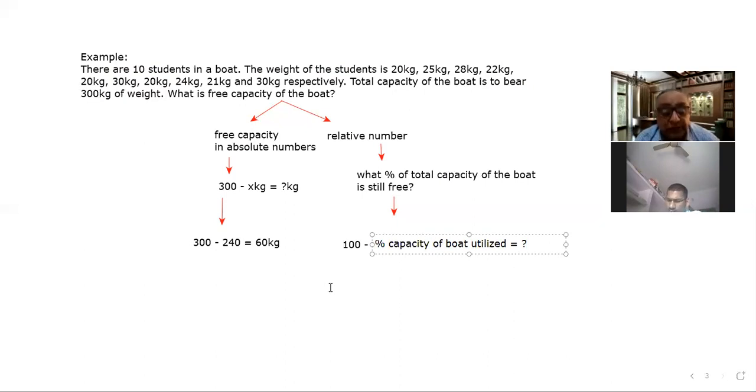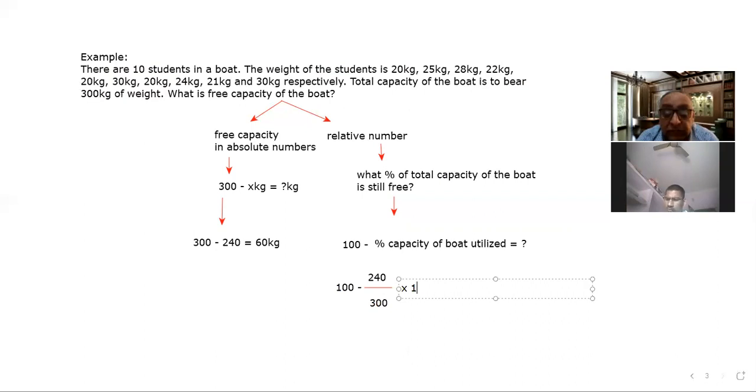So in this case, we will do 100 minus the capacity of the boat utilized. Capacity of the boat utilized means the total weight in the boat up to this point, divided by the total capacity of the boat to bear burden, that is 300 kg weight, multiplied by 100.